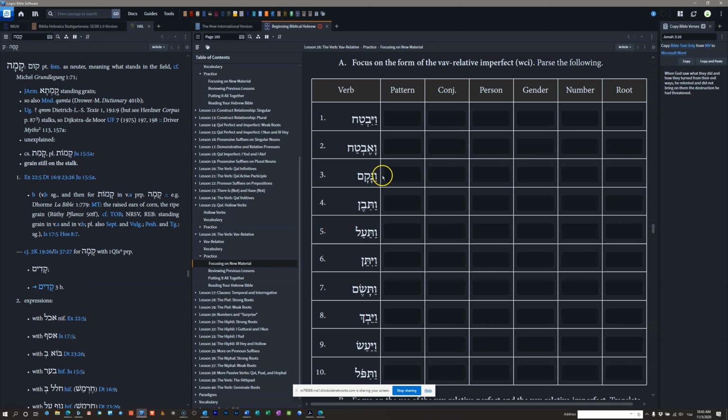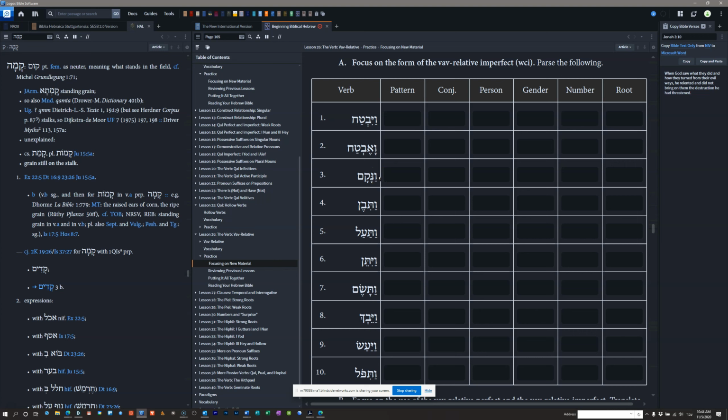So we've got this parsed out as qal, vav relative imperfect, or vav relative jussive, or vav relative preterite, or maybe just vayiktol, whatever you prefer here. Qal, vayiktol, 1 CP of kum. And that would be translated as, remember, the vav relative is going to get translated as a past tense.